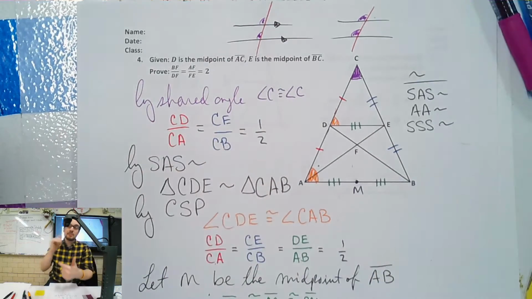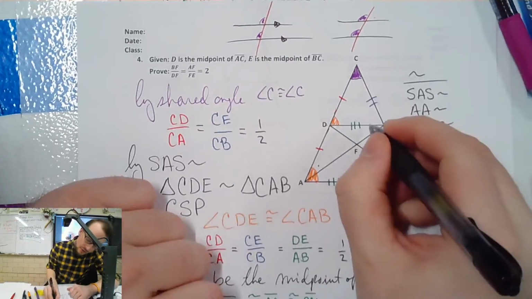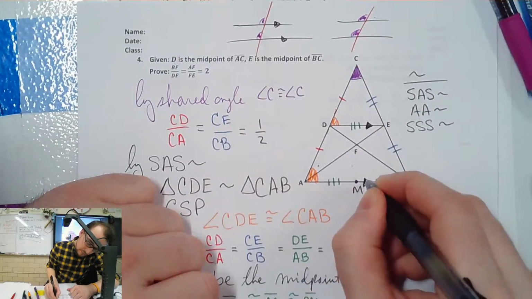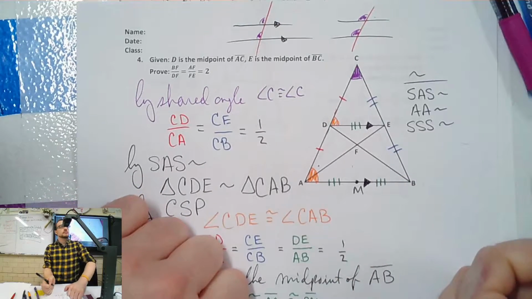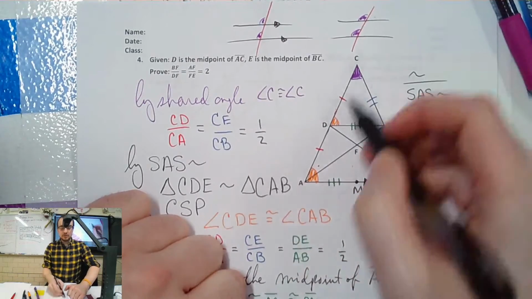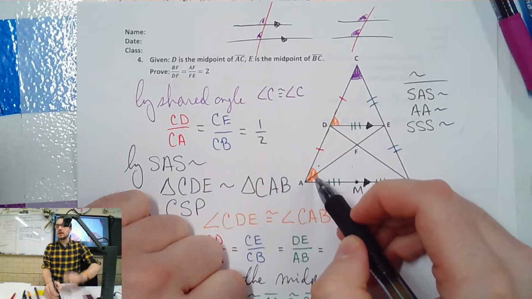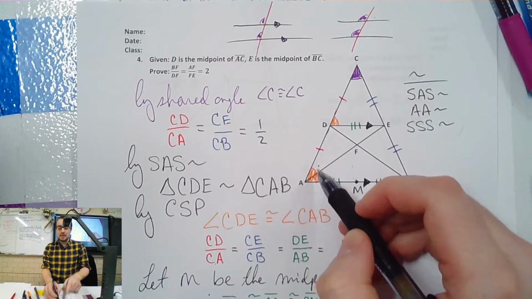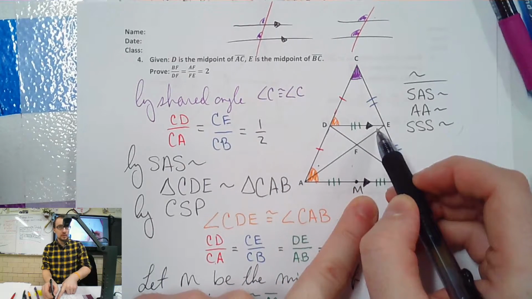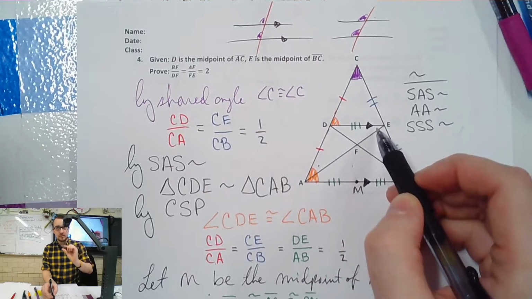So I'm going to say by CAP converse, this line is parallel to this line. If those 2 lines are parallel, we have 2 parallels, transversal, those angles will be congruent. I'm saying the reverse of that. If the angles are congruent, then the lines must be parallel.